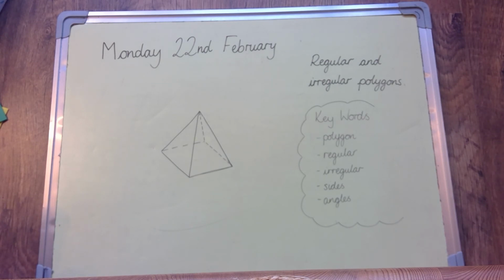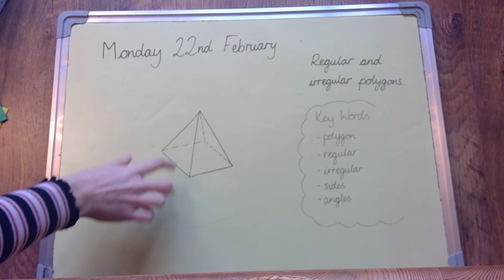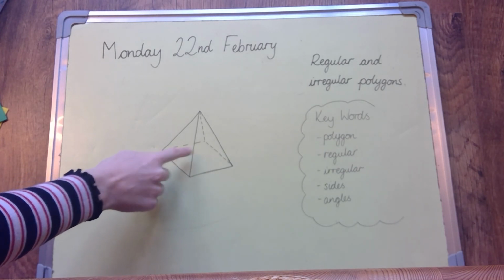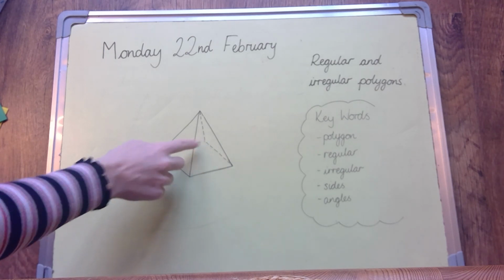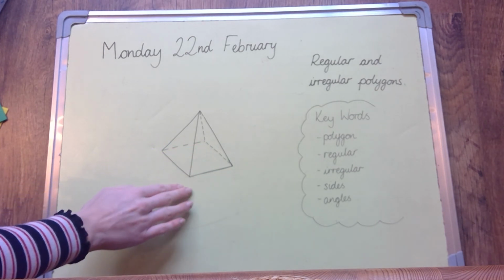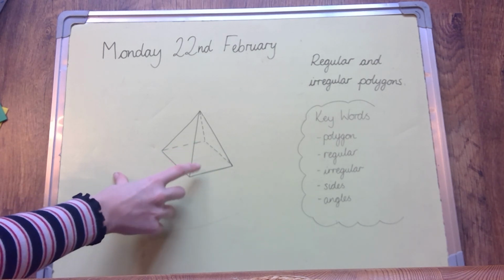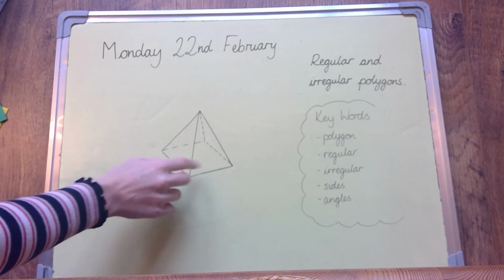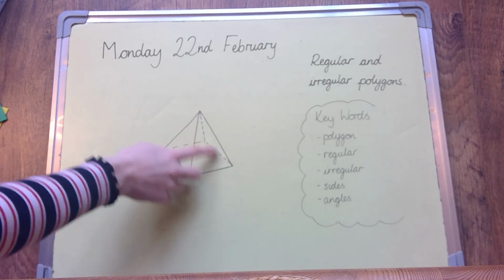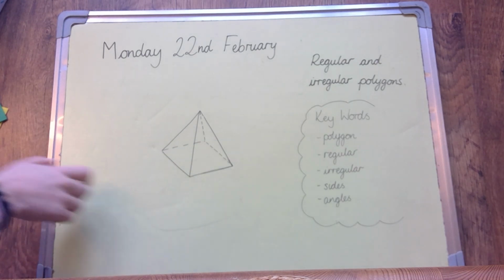Okay, so I could say, I know that this 3D shape is made up of a square and triangles, okay, 1 square and 4 triangles, because I can see that the shape on the bottom is a regular square with equal sides and equal angles, and then the shapes that make up the sides are triangles, because I know that any 3-sided shape is a triangle.